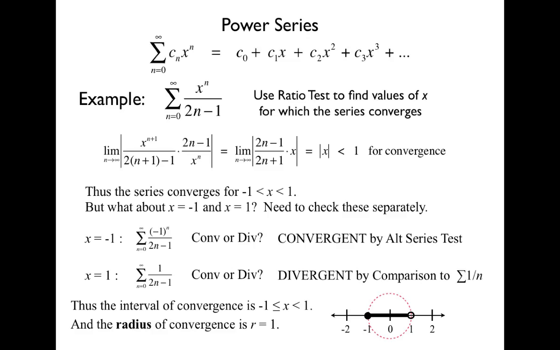Okay, and so you would say, all right, well, why would we do that if it's just on the number line? Why this circle? Well, I'm currently taking a class called complex analysis, and in complex analysis we do these power series, but instead of the answers being on the number line like this, our answers are actually in the plane. So we have a center, and we truly have a radius of convergence.